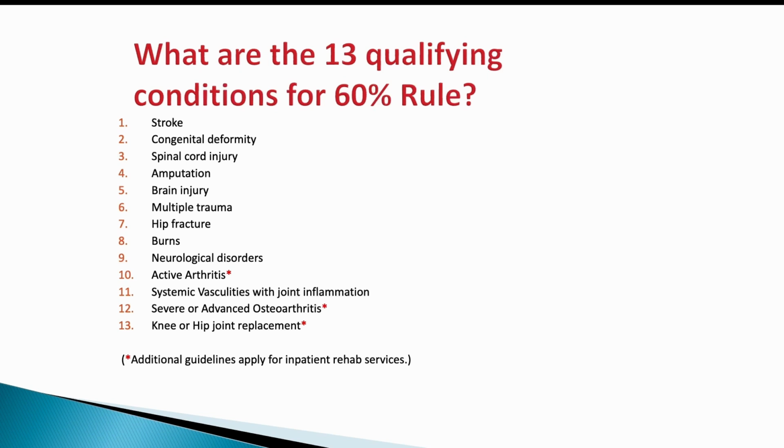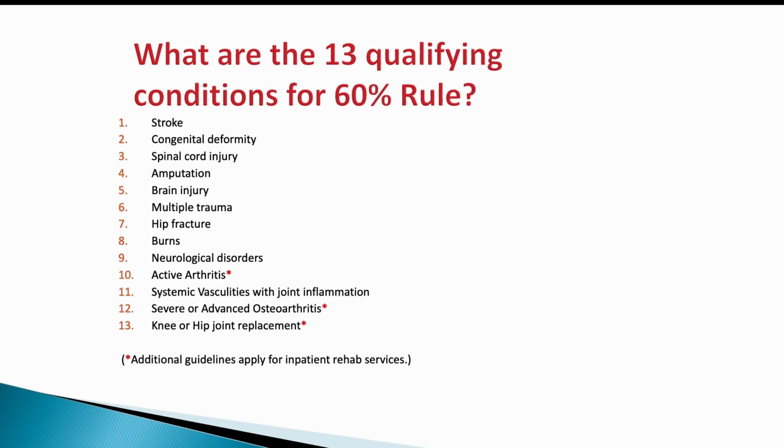What are the 13 qualifying conditions for the 60% rule? 1. Stroke. 2. Congenital deformity. 3. Spinal cord injury. 4. Amputation. 5. Brain injury. 6. Multiple trauma. 7. Hip fracture. 8. Burns. 9.